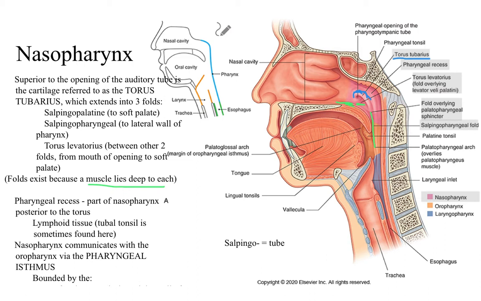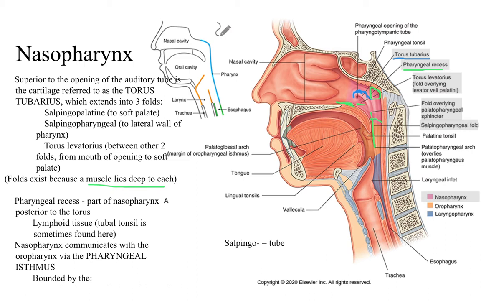Posterior to the torus tubarius is the pharyngeal recess, so that would be this area right here. And that's going to contain some lymphoid tissue that functions in surveilling the external environment and getting rid of the pathogens before they can get into the digestive or respiratory tracts.